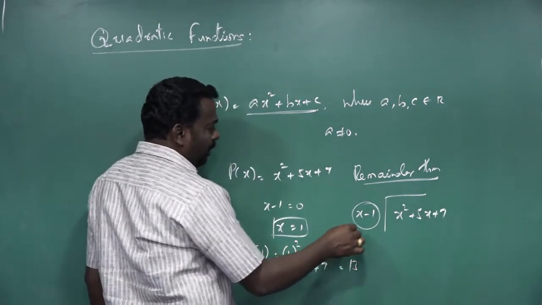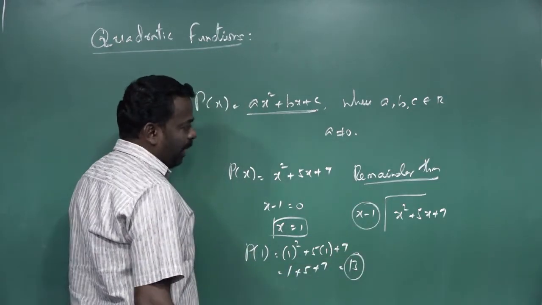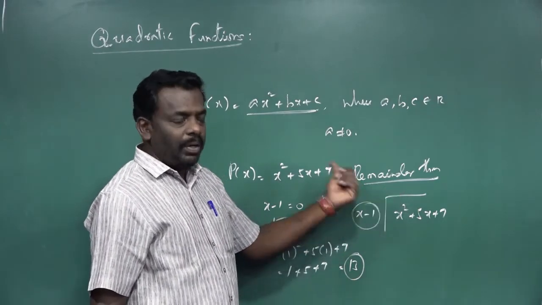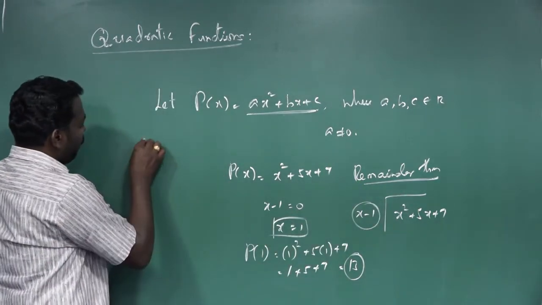Therefore, the remainder is finally equal to 13 by applying the remainder theorem, which we already know. And similarly, applying the factor theorem.